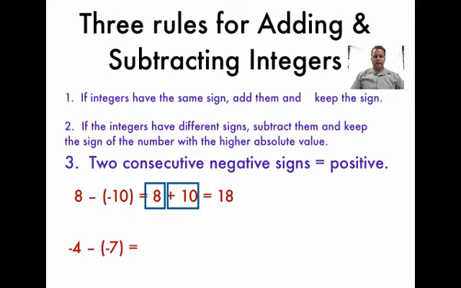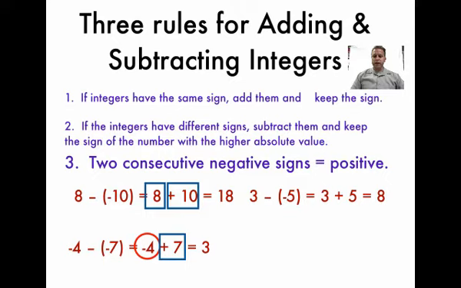-4 minus a -7. We've got a negative and a negative. So we make that into a +7. That'll be a red circle, blue square, and signs are different, so we subtract and we get a +3. Here we have 3 minus -5, so we'll rewrite that as 3 plus 5.